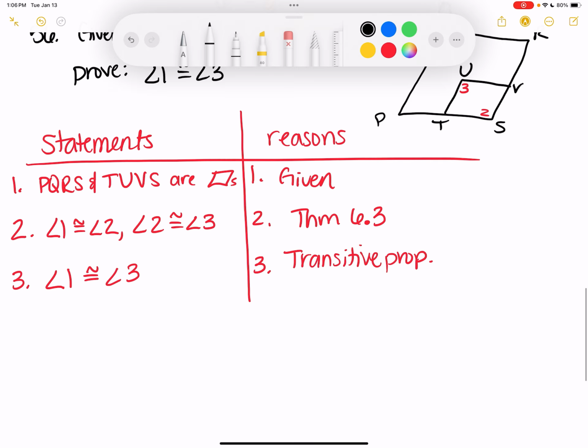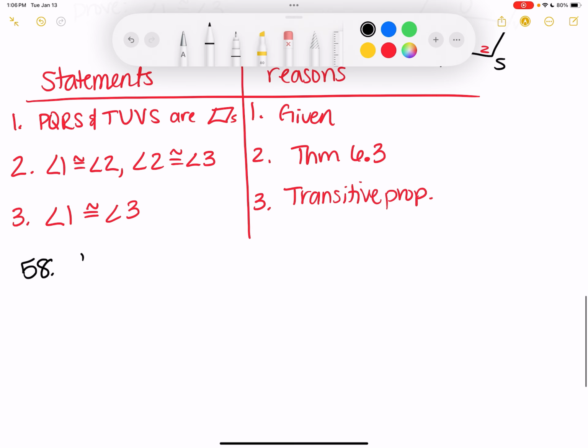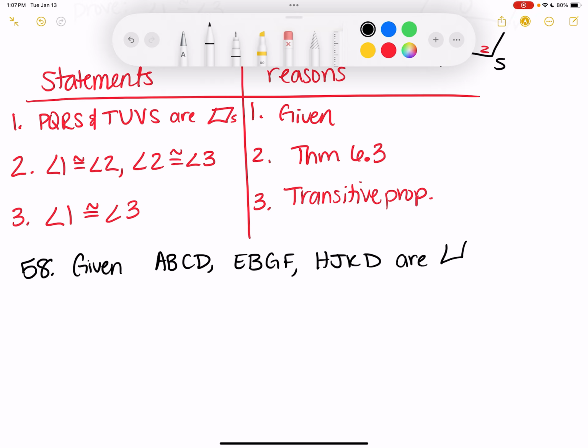Alright, I told you we were going to have two parallelograms inside of a parallelogram, so we're going to do that one now. 58. Given ABCD, EBGF, and HJKD are parallelograms.